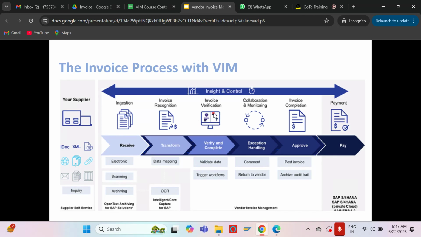These types of enhancements, or you can say customizing, we can do in VIM, which will take care of the automation. And how is it done? It is done via workflows. So in this case, no one needs to send an email or call someone to get clarifications. It will all be done inside SAP VIM itself.